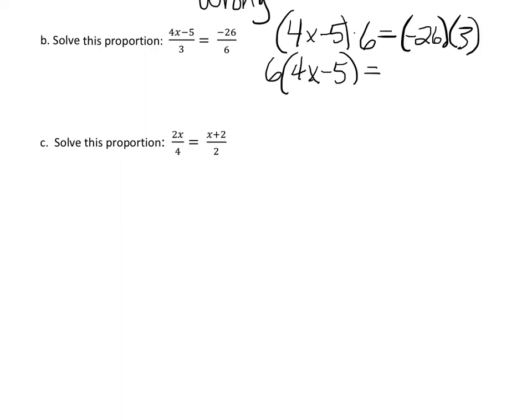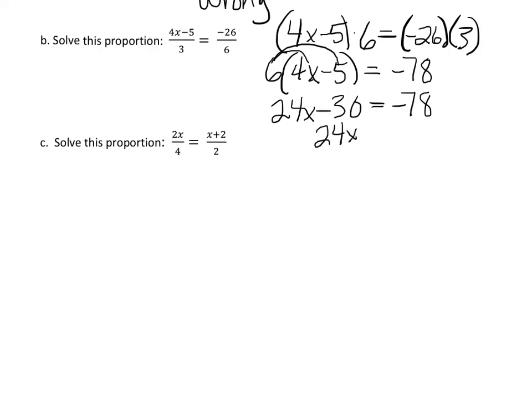I can solve negative 26 times 3 right now, which I know is negative 78. And I'm going to distribute this: 6 times 4x is 24x, and 6 times negative 5 is negative 30. Add 30 to both sides, 24x equals negative 48. Divide both sides by 24, and I get x equals negative 2.